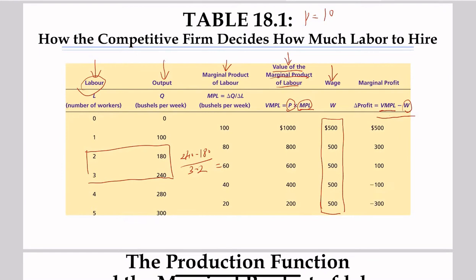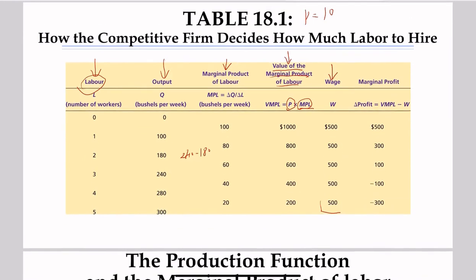And now think about this. If the firm is trying to maximize its profit, how many workers does the firm want to hire? Well, if you look at this, you can actually get this answer from looking at the marginal product.